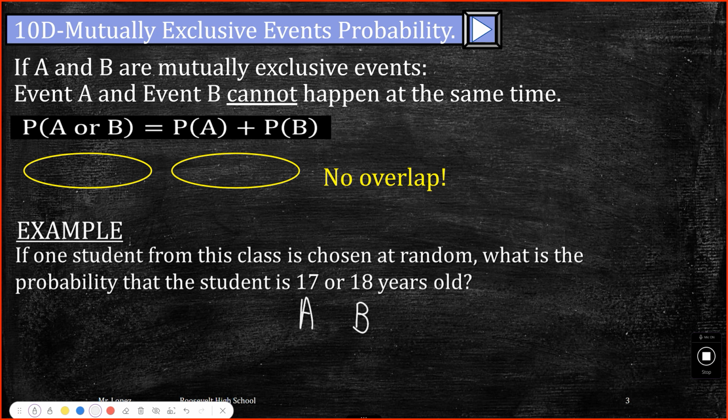You cannot be 17 and 18 at the same time, can you? Either you're 17 or you're 18, and you cannot be both at the same time. Okay, so let's do that.